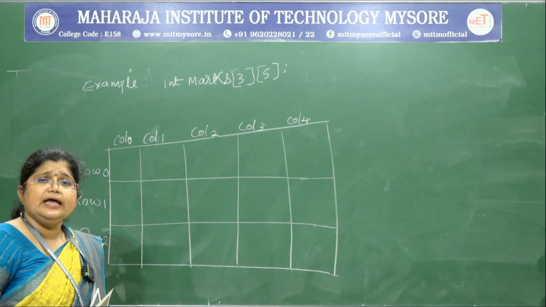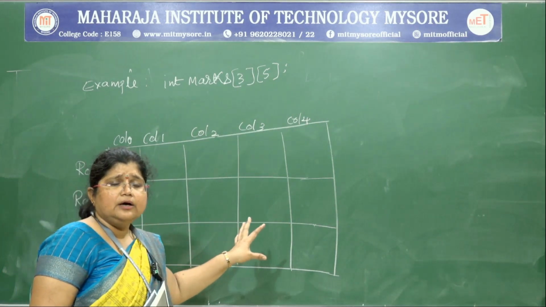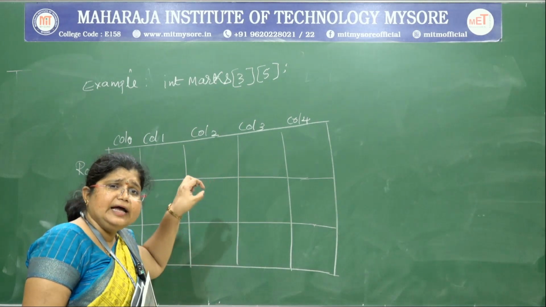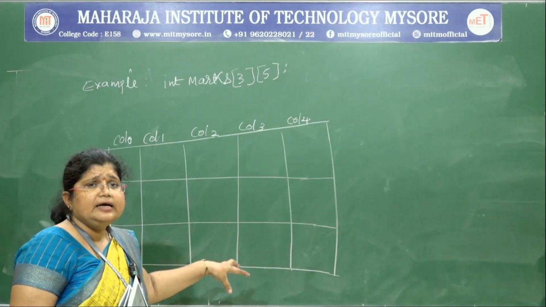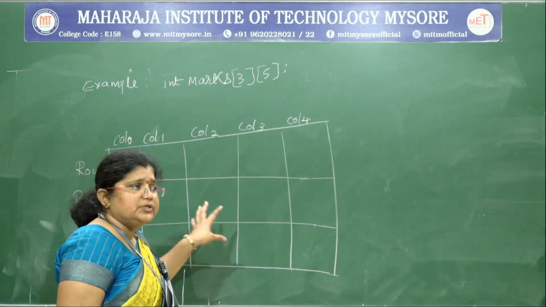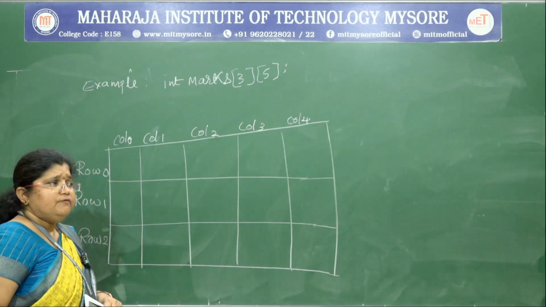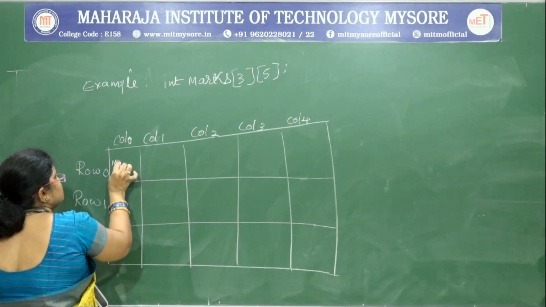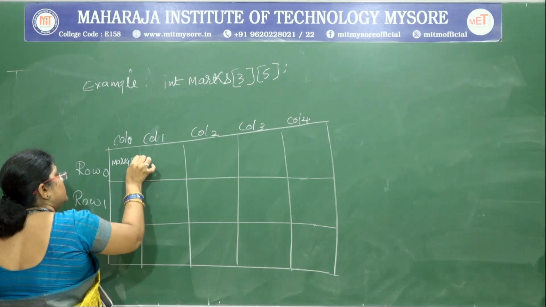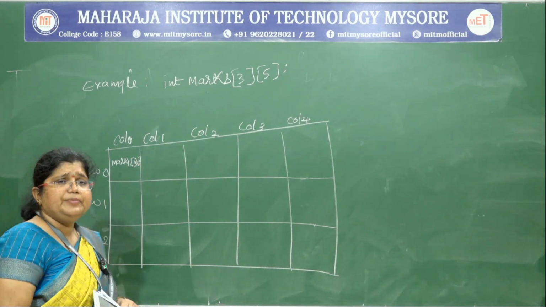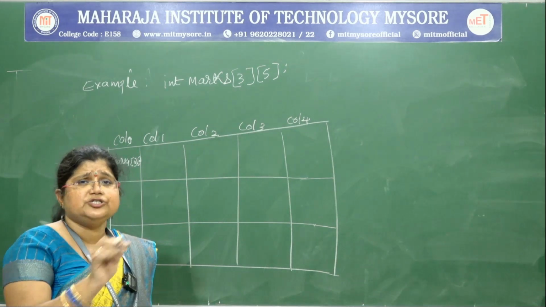To access the elements of this particular table, we need to know their subscripts. The first row, first column subscript is marks[0][0], representing the element present in the first row, first column.